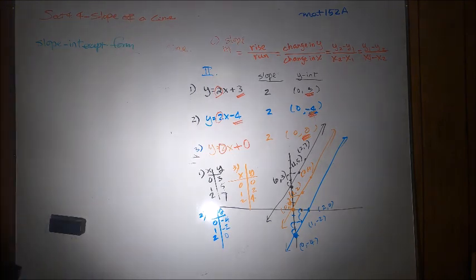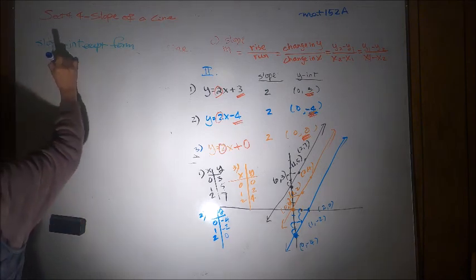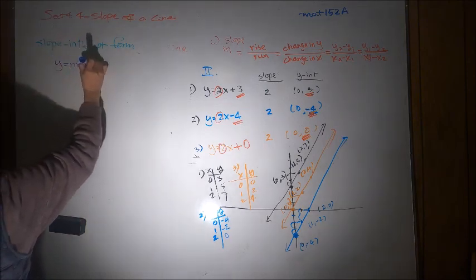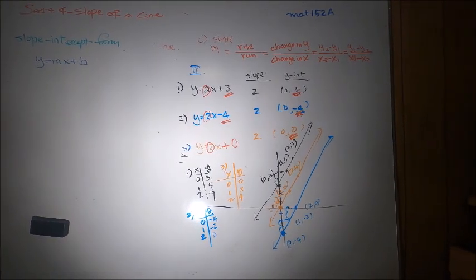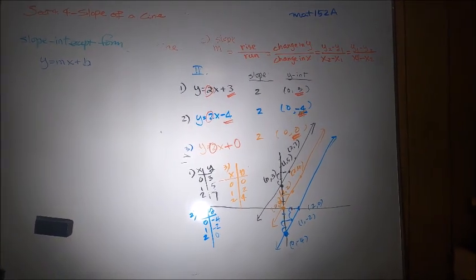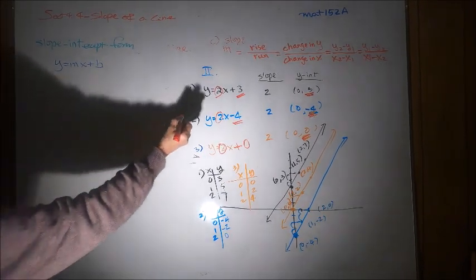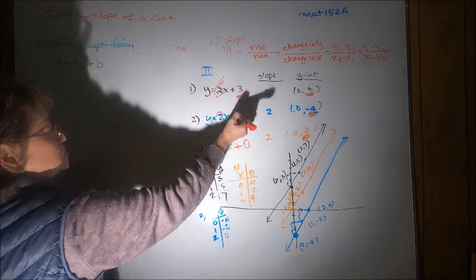So if you write y equals mx plus b, you can see, right? First one, y equals 2x plus 3.